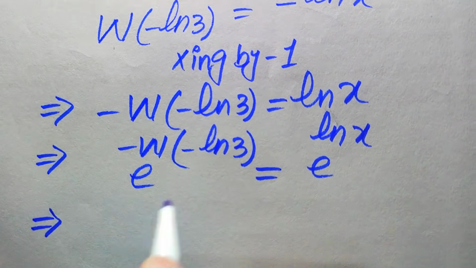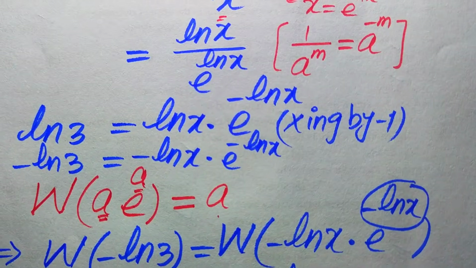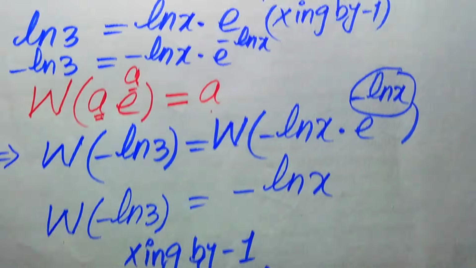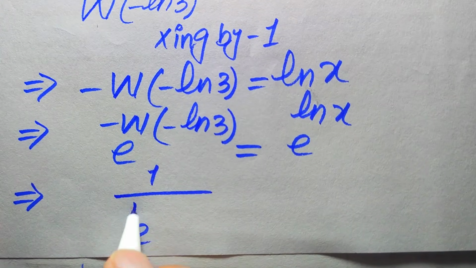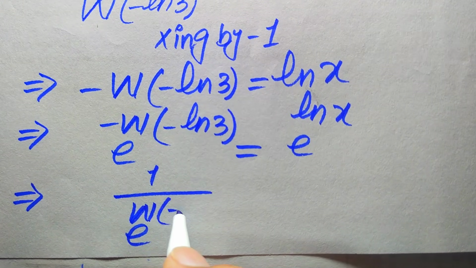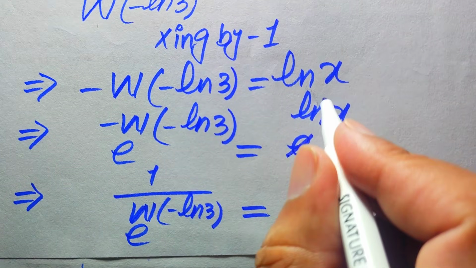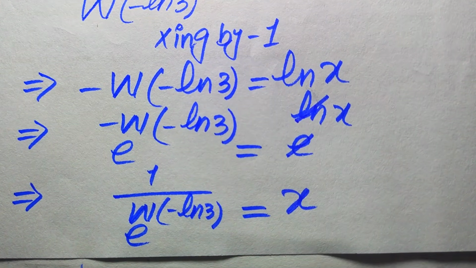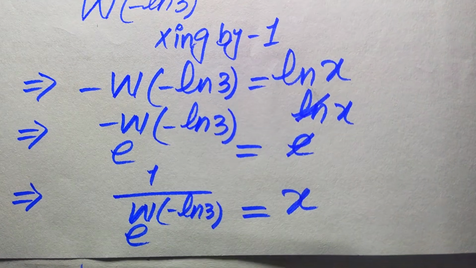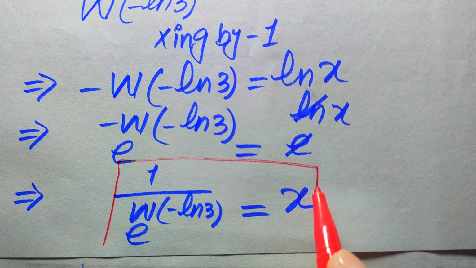We write the left hand side by moving this term to the denominator, applying the rule: 1 divided by e to the power of W of minus log 3 is equal to x only, since e and log are gone. So we get only one value of x.